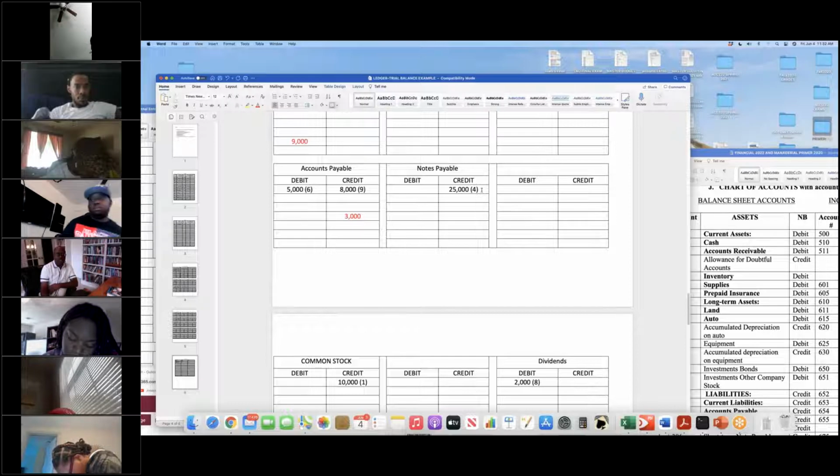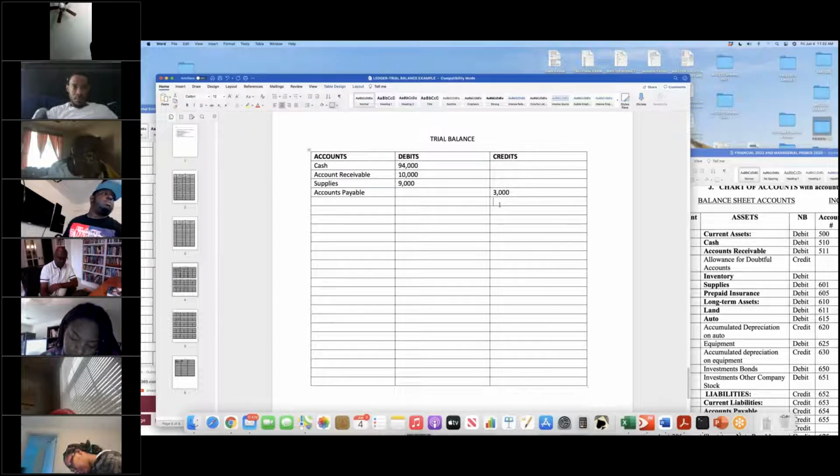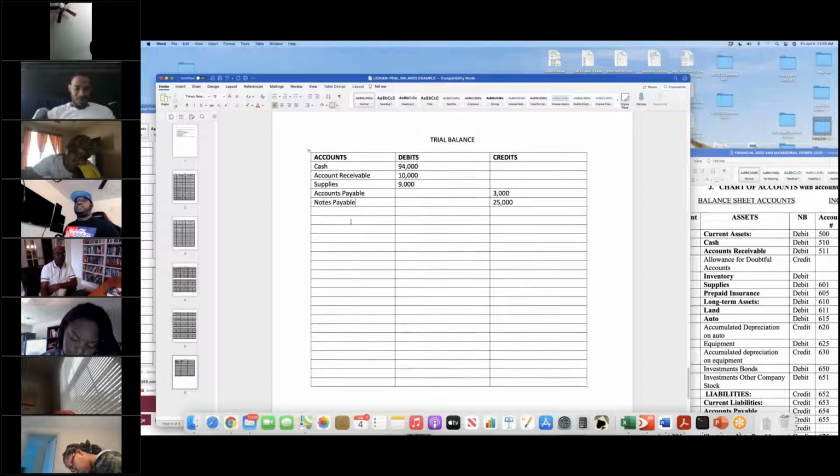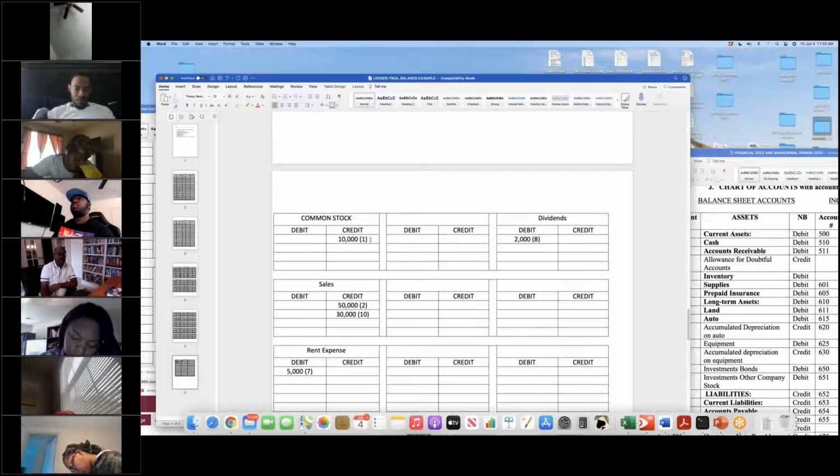Notes payable only has one transaction, so its balance is going to be what? 25,000. Then we come to common stock, one item of 10,000, so its balance is 10,000.